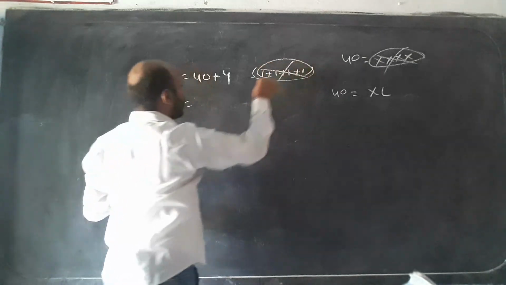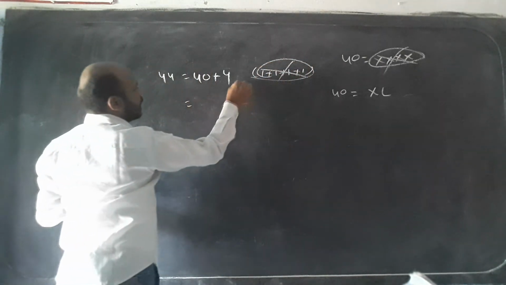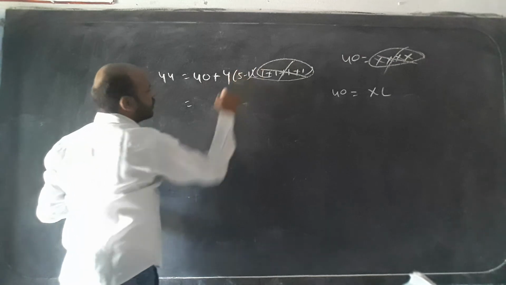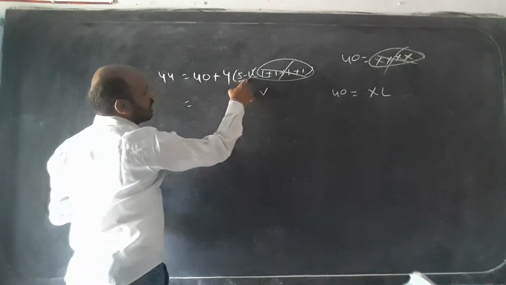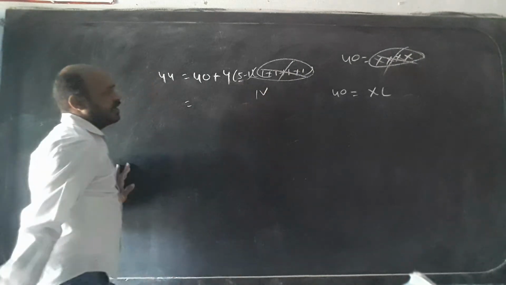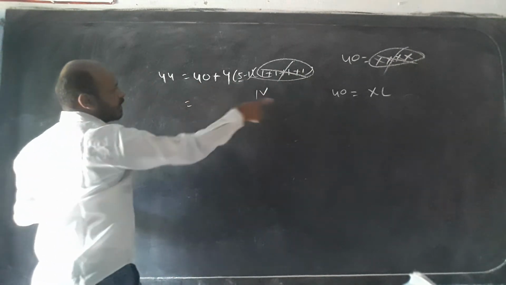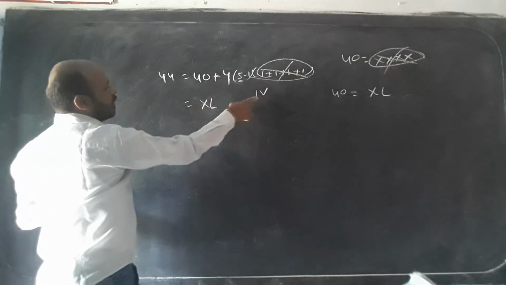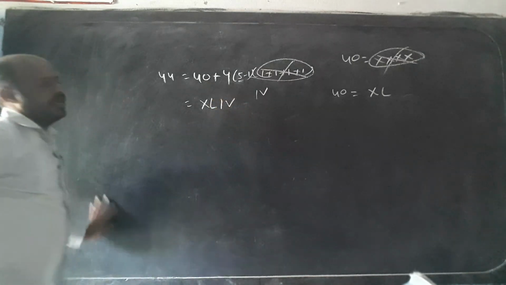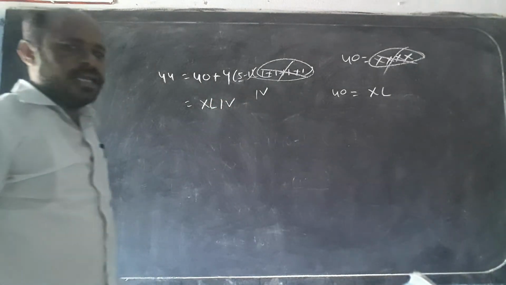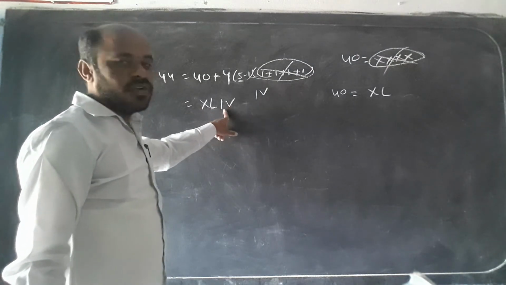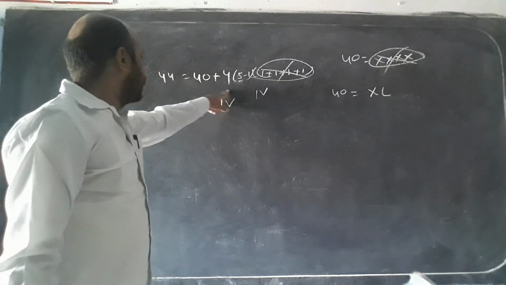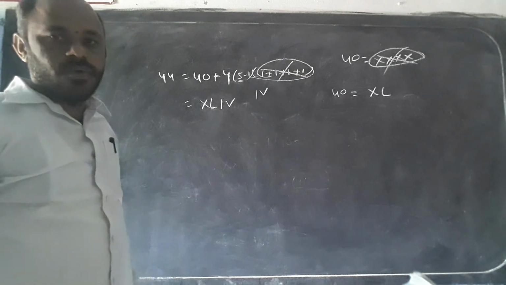So 4 becomes 5 minus 1. 5 is equal to V, minus is there, so keep I on the left side. 40 is XL, then IV. It becomes 44. XL is 40, IV is 4, total 44.